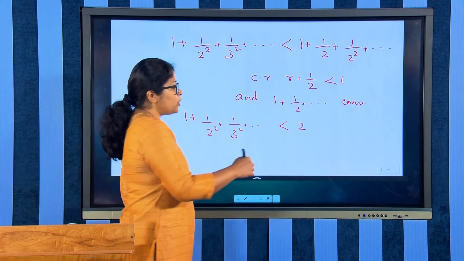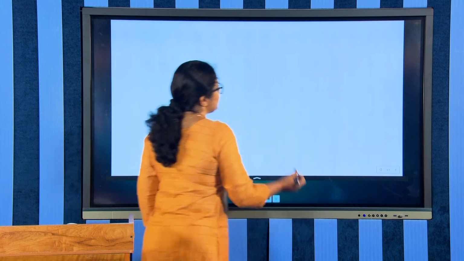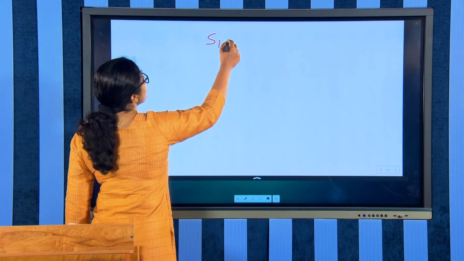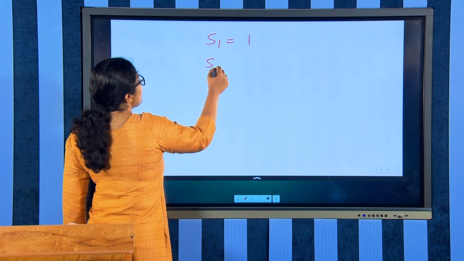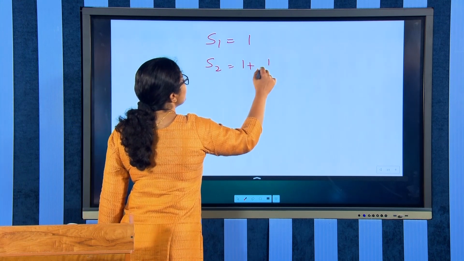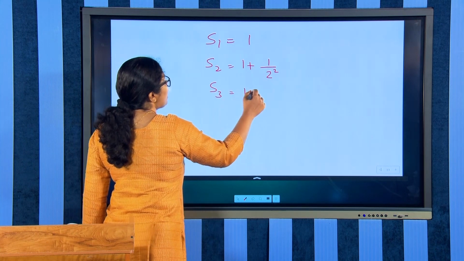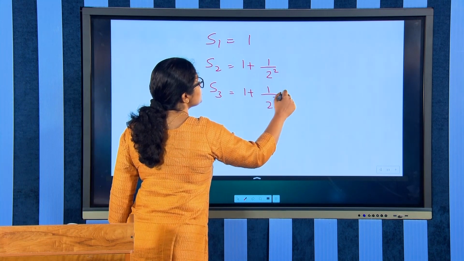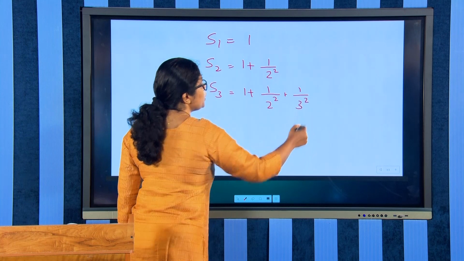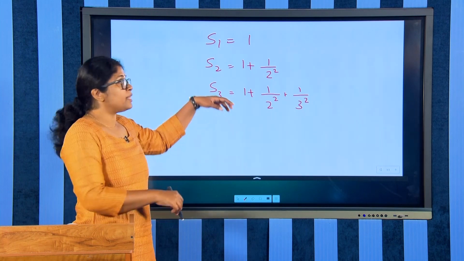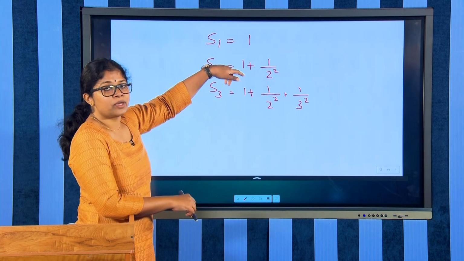And just have a look at the sequence of partial sums. The first partial sum is S1, which is 1. S2 you will be having 1 plus 1 by 2 square. S3 you will be having 1 plus 1 by 2 square plus 1 by 3 square. So, look at the terms that are getting increased.